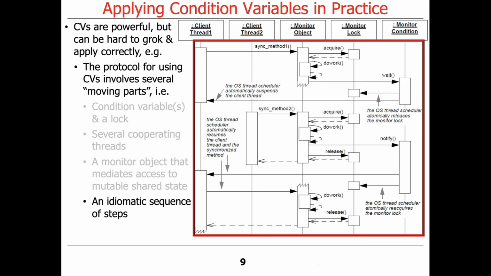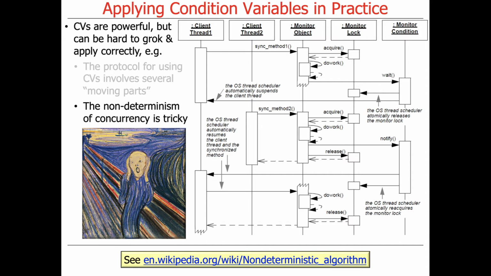The other thing that's important is there's an idiomatic sequence of steps, and that's what we're going to focus on, because without understanding it, it's somewhat mystical what these things do. In addition to having a bunch of moving parts, there's the inherent non-determinism of concurrency that makes things tricky. You don't always know exactly when threads will run, what their priority is, and how the scheduler will behave, so you have to do some extra stuff in your code.